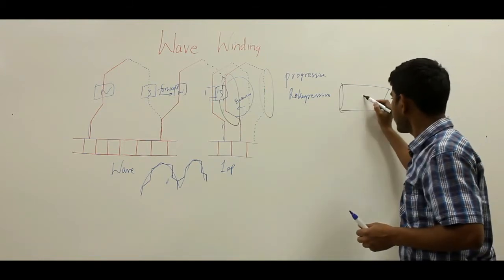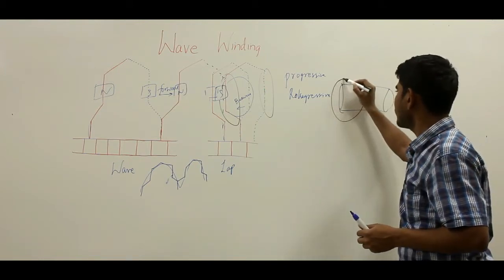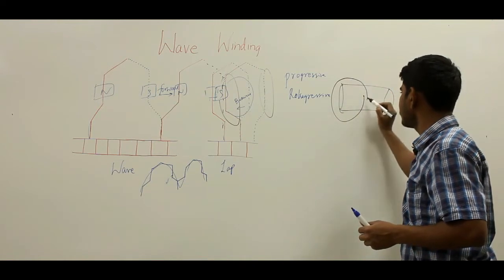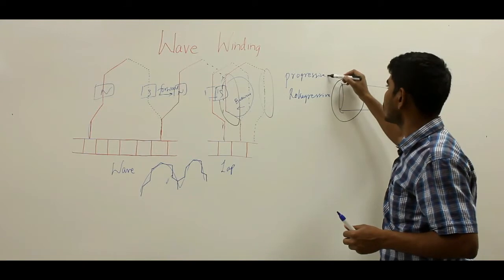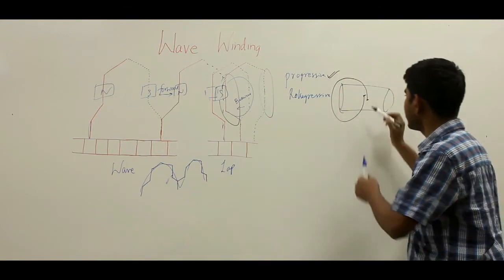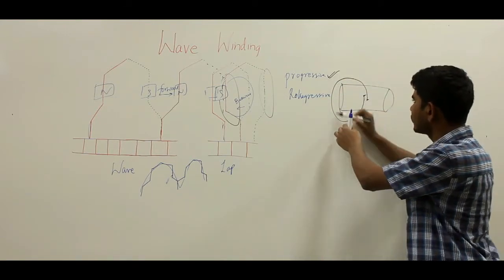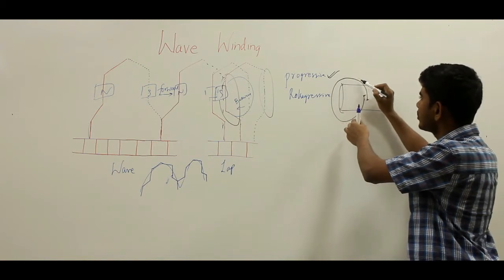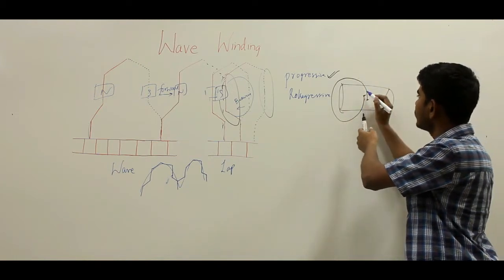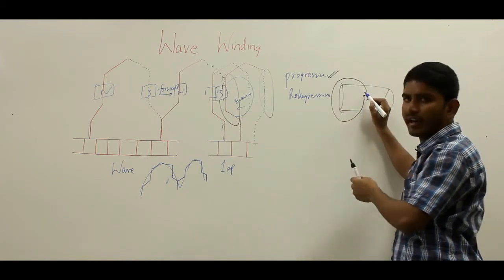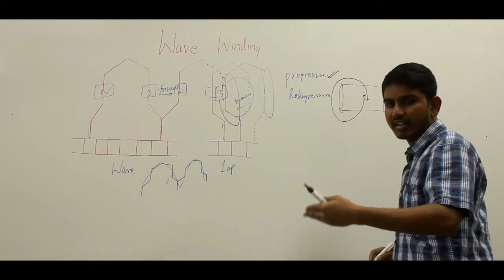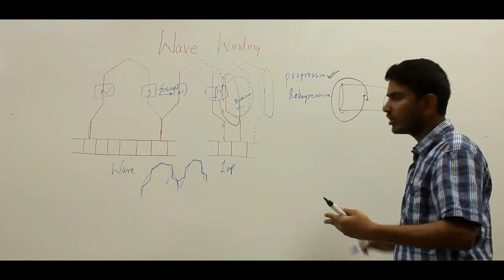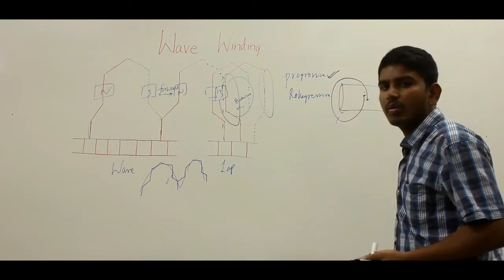Now after one round of the armature core, if you reach the right side of this starting point, then your winding can be termed progressive wave winding. Similarly, after one round of the armature core, if your winding comes to this point which is left of the starting point, then it is called a retrogressive wave winding.